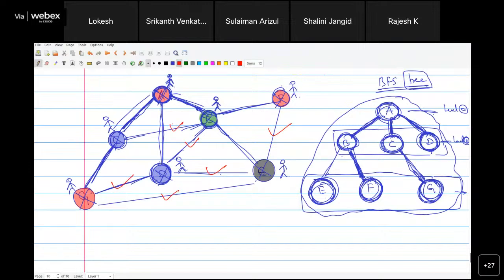So these edges are missing. Mostly you don't require those edges to explore the graph. Okay, so you can explore like this. So you start from A, you can explore B, C, D. So if you go to B, you can explore E and F, and if you go to C, you can explore G. Finish. Done. This is how you can explore the graph.